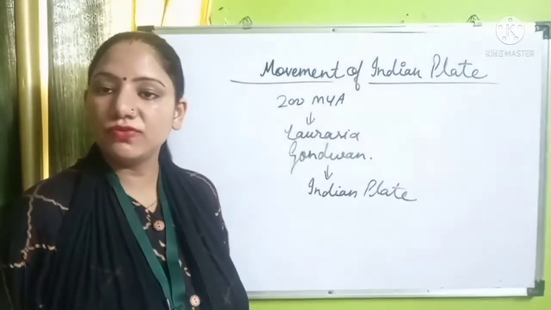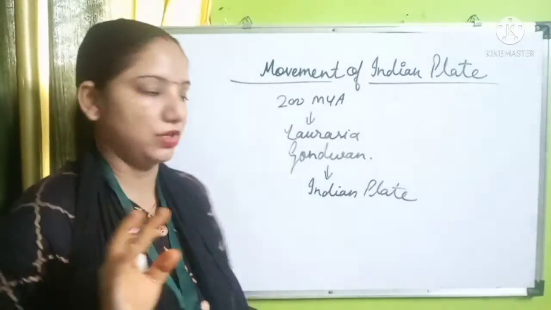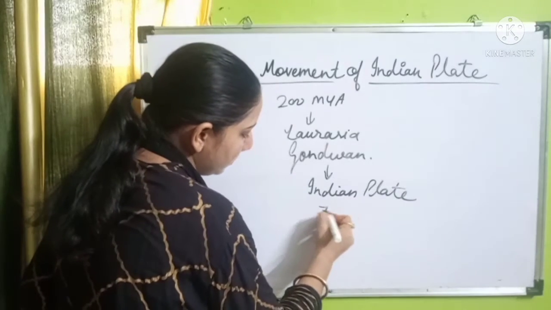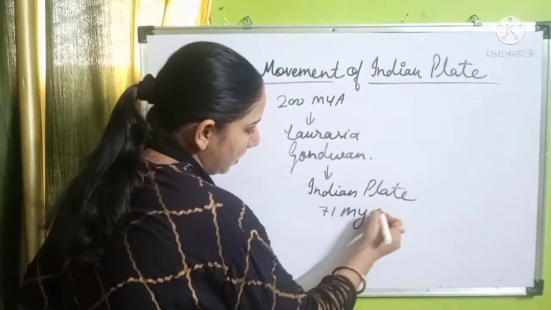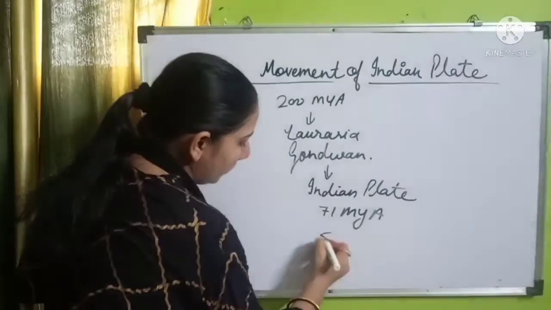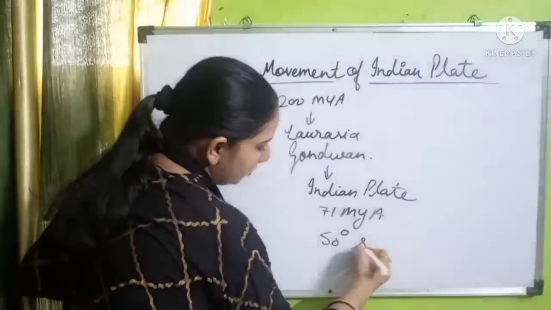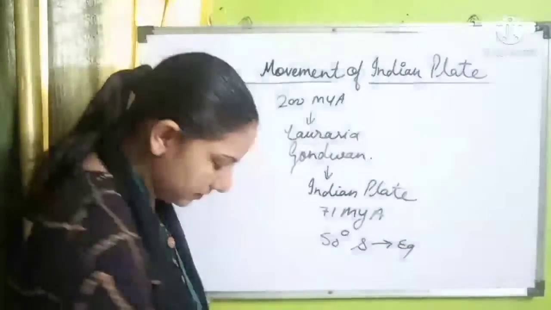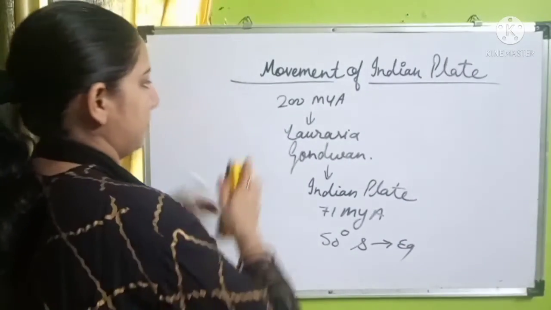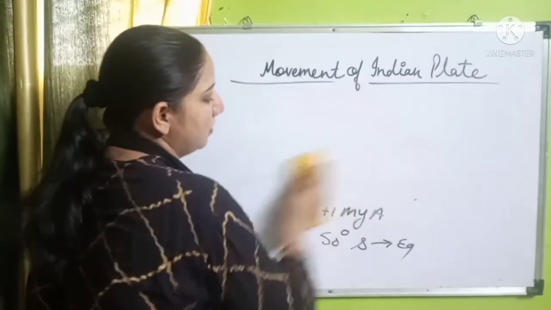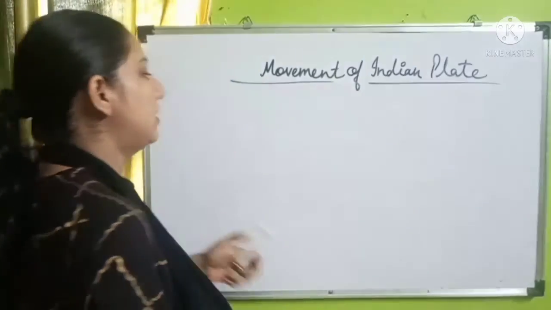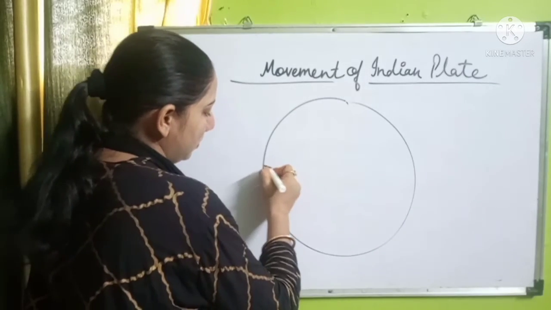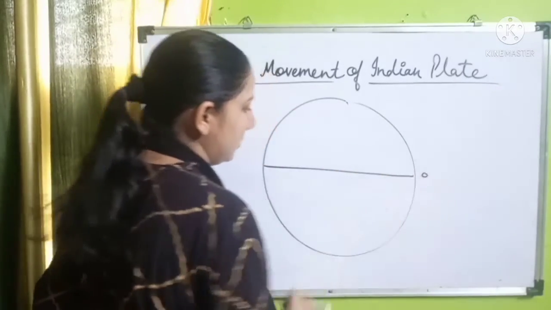The Indian plate of Gondwana started to shift towards the north direction. Around 71 million years ago, the Indian plate was around 50 degrees south of the equator. If we go through the picture of 71 million years ago, it's our earth and it's the line of 0 degree equator.